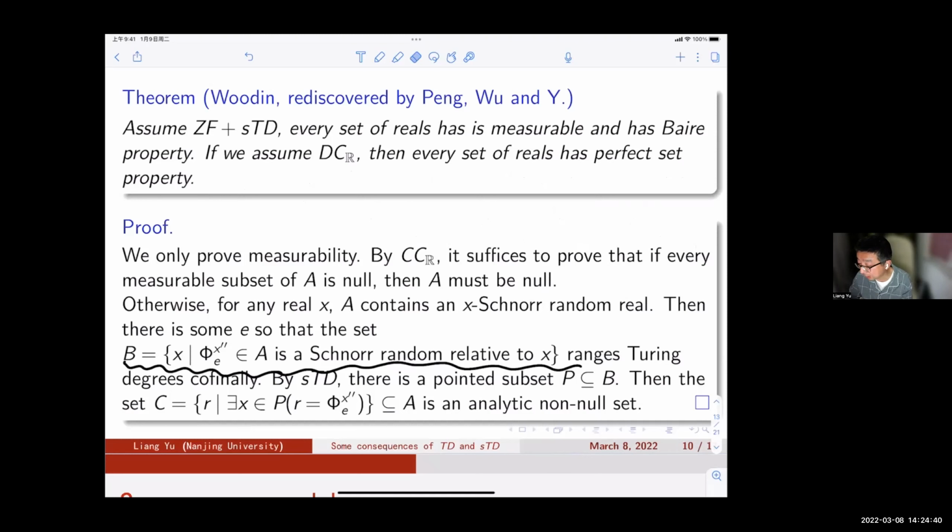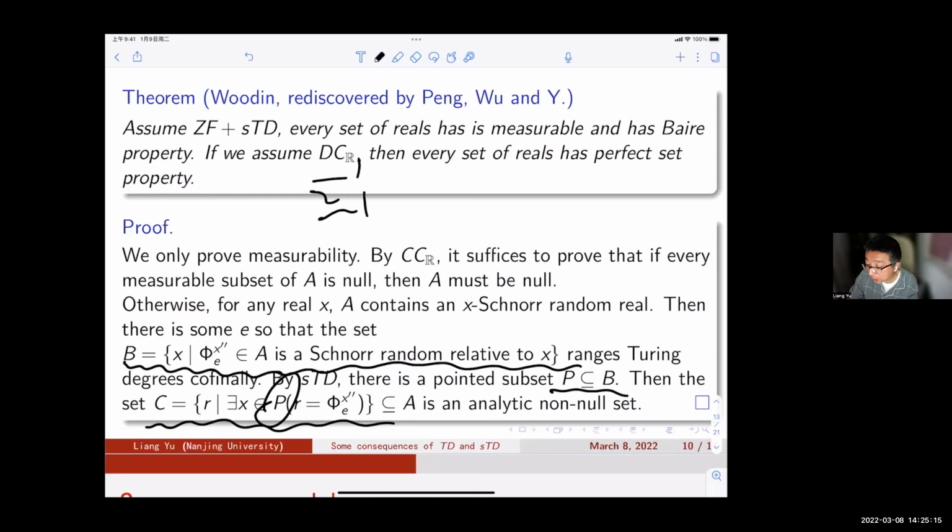Now by sTD, B has a pointed subset P. Now look at this set C. This set is sigma 1, 1, and of course this is boldface sigma 1 because P has a perfect subset. So it's an analytic set. So it must be measurable, but it cannot be null.